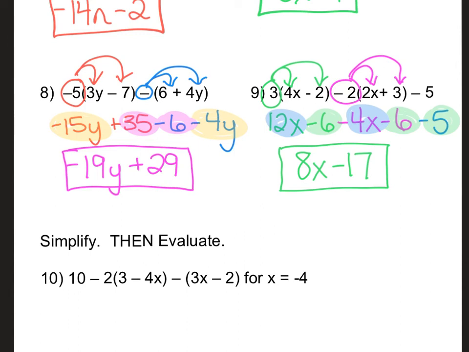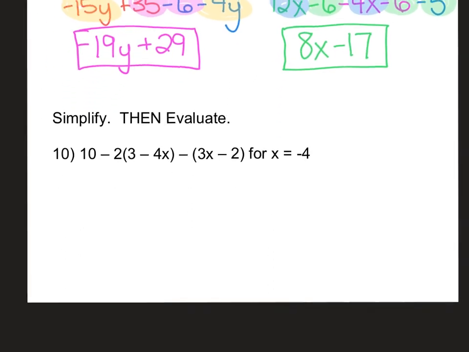Don't forget that negative goes with it every time. And then I just brought down the negative 5. I was able to combine my x's. 12x minus 4x is 8x, and then negative 6 minus negative 6 is negative 12. Minus 5 more is negative 17, and there's nothing else I can do from there.